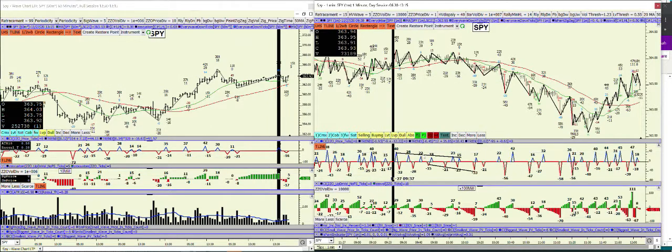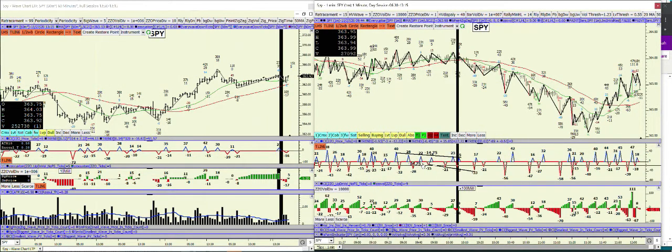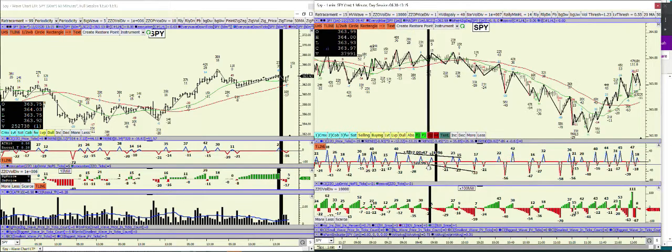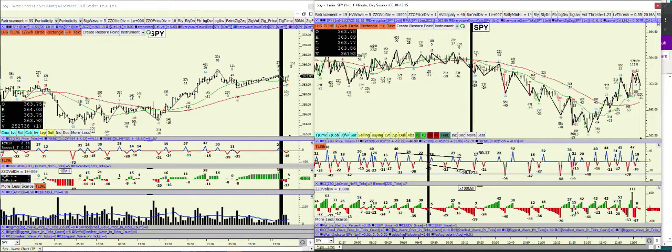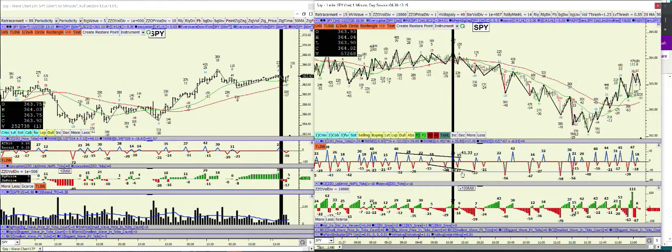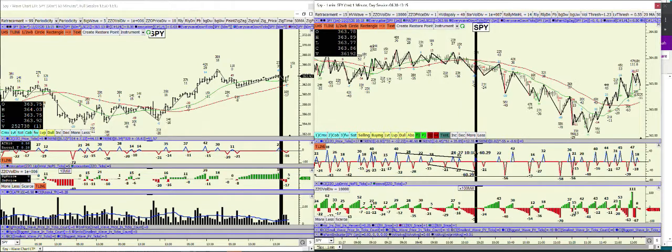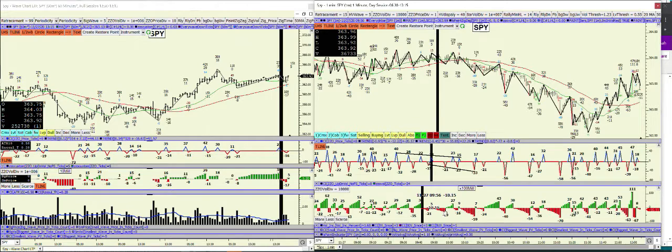Here you see the distance of the up waves getting smaller, and here of the down waves the distance is getting bigger, from 15 to 21 and 23. And the volume is helping to confirm that relationship, meaning the volume on the down waves is greater than on the up waves.